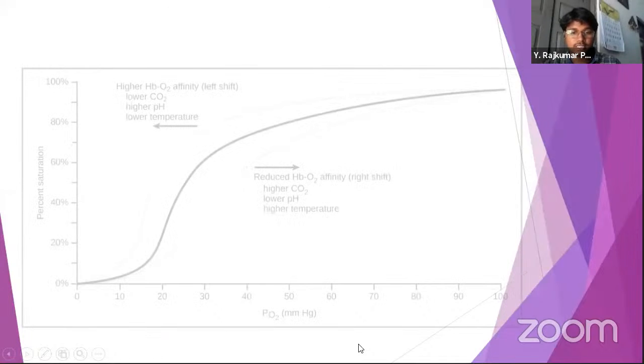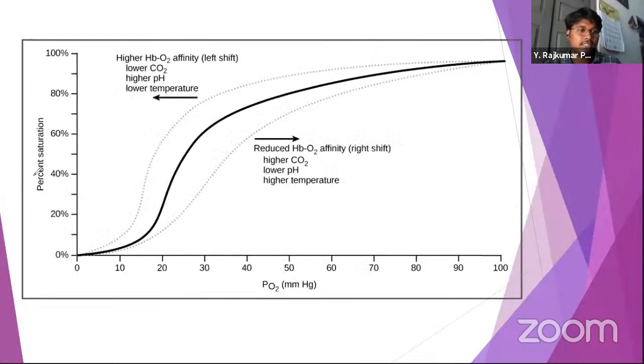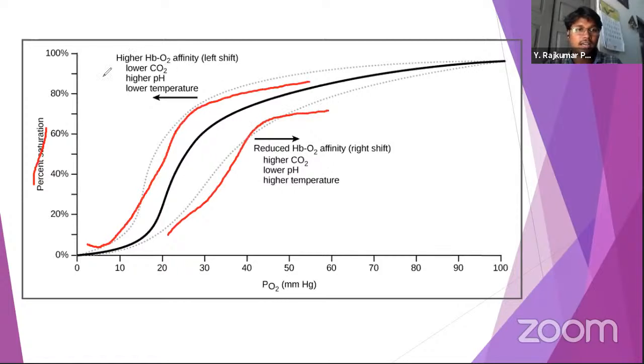Let's see another graph for your better understanding. See here the oxygen dissociation curve. This is the percentage of saturation. High hemoglobin affinity shifts to the left side. You can see here this is one shift and this is another shift. At low carbon dioxide, high pH and low temperature, it is shifting towards the y-axis.